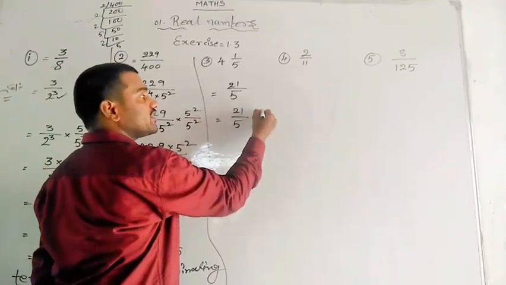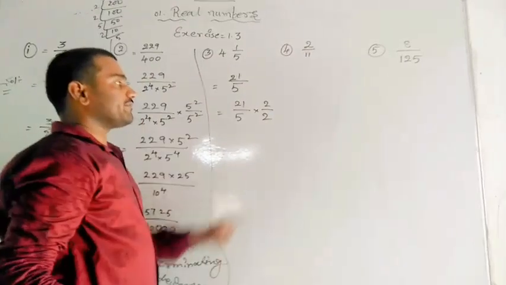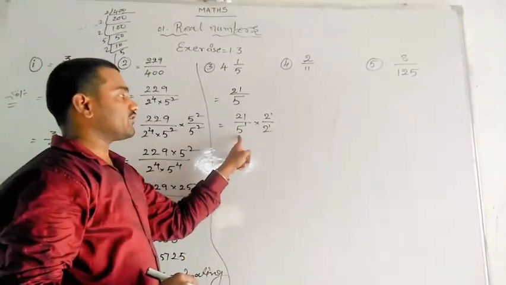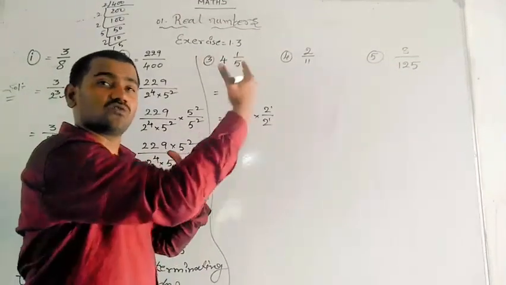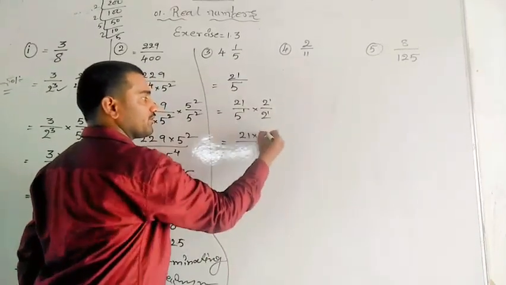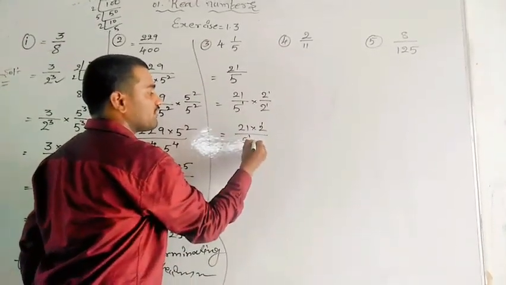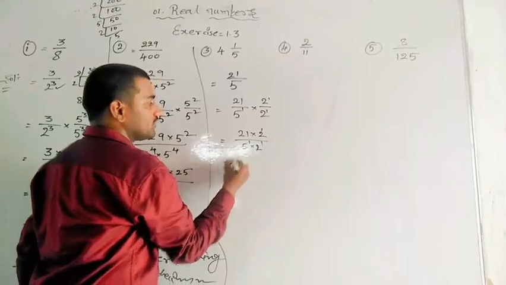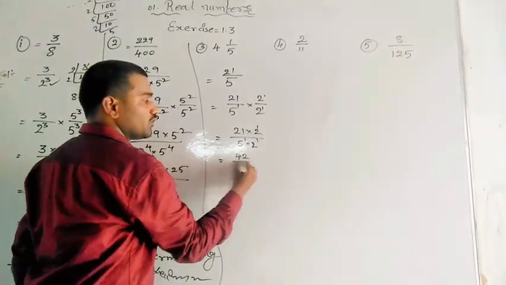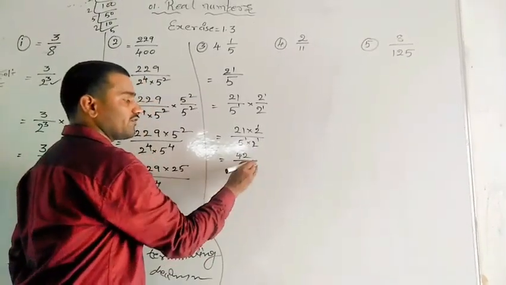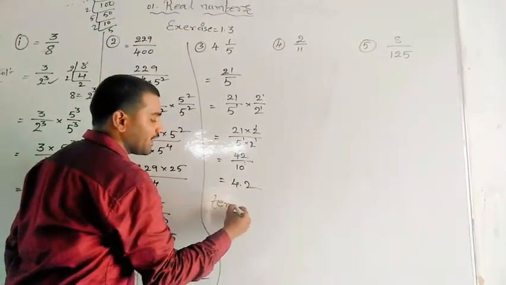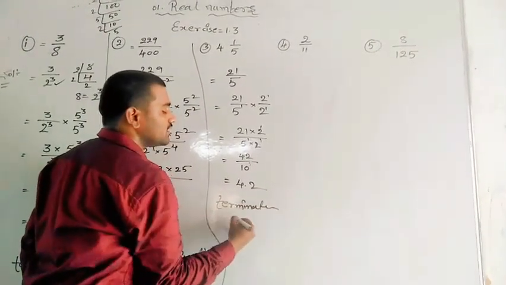We write the denominator in 10 form by multiplying. Here it is 5 to the power of 1 only, so we multiply by 2 to the power of 1. 5 to the power of 1 into 2 to the power of 1 gives us 10 to the power of 1. So 21 into 2 is 42 by 10 to the power of 1. 10 to the power of 1 is nothing but 10, so that is 4.2. It is also a terminating decimal number.